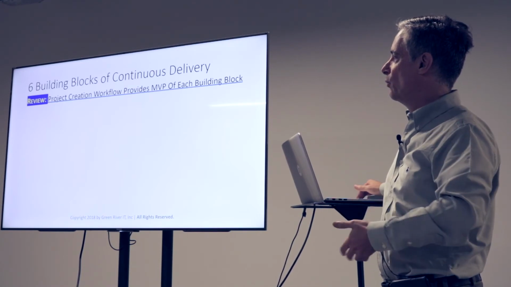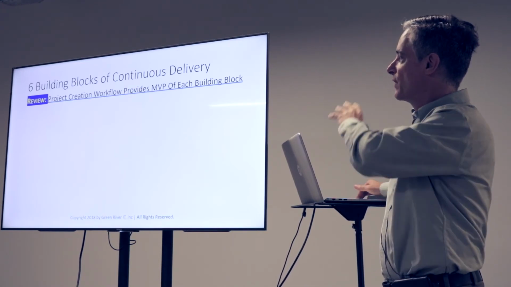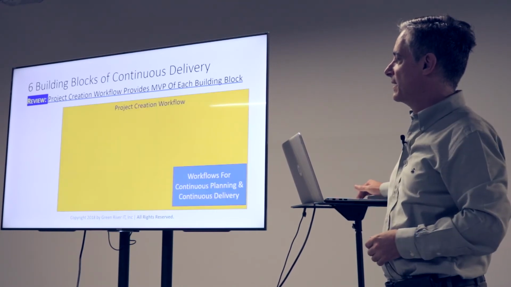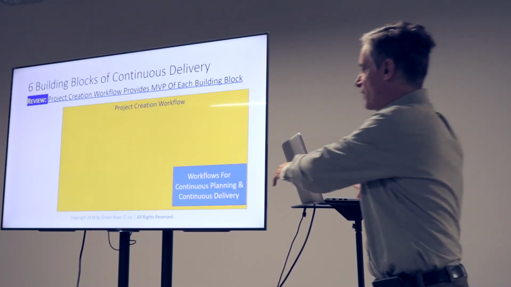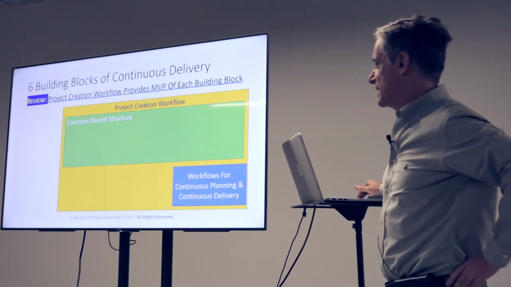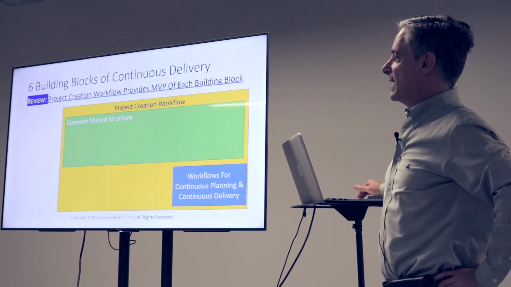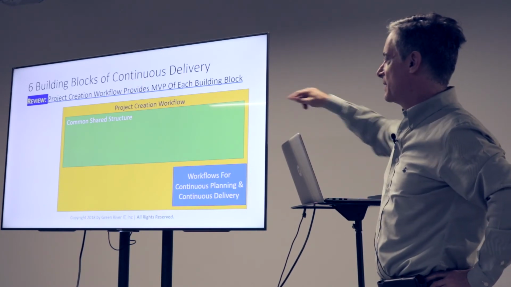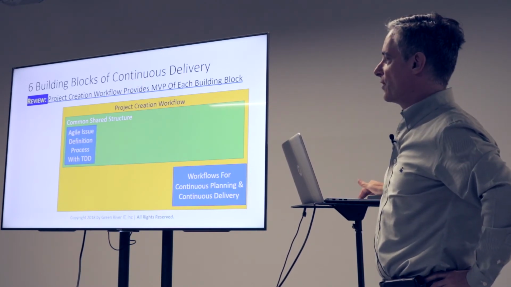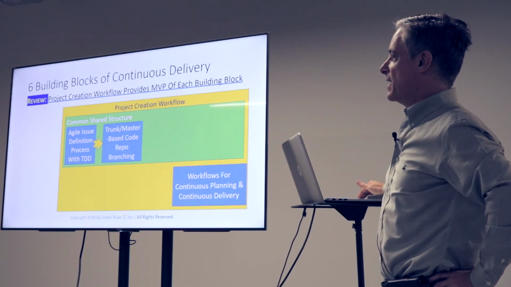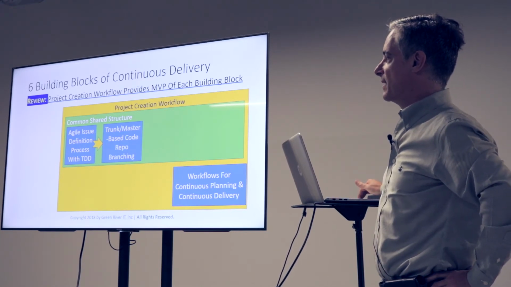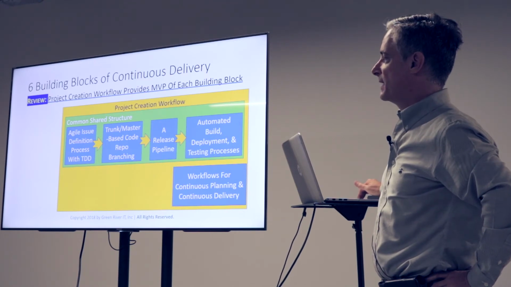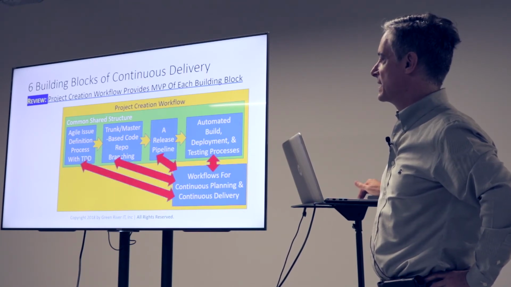So our project creation workflow can have a minimum viable product for each one of these things. We've got these workflows for our continuous planning and continuous delivery, and I showed you at the beginning the 6 building blocks that we need: a common shared structure for our issue definition process, our trunk-based code repository, our release pipeline, our automated build and deployment and testing processes.